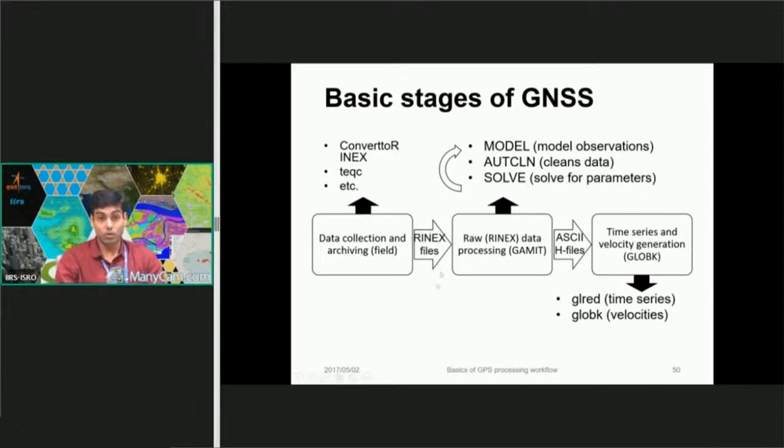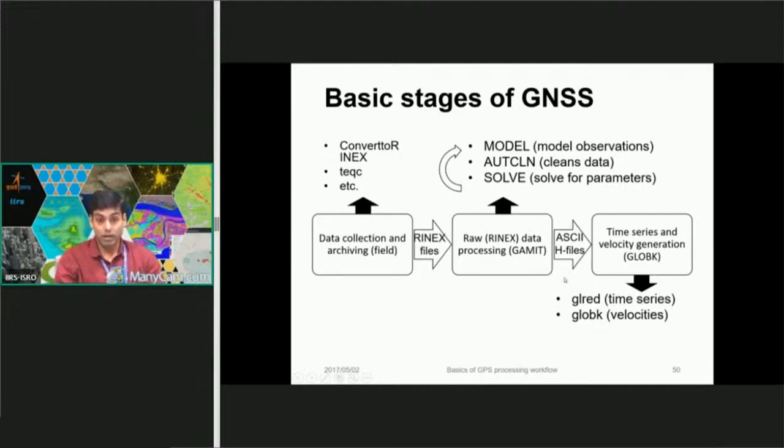Then you have to convert into RINEX files. RINEX is the Receiver Independent Exchange format, which you can convert with the help of software such as teqc or Spider. Then you have to process your RINEX data in GAMIT software, applying different correction models.